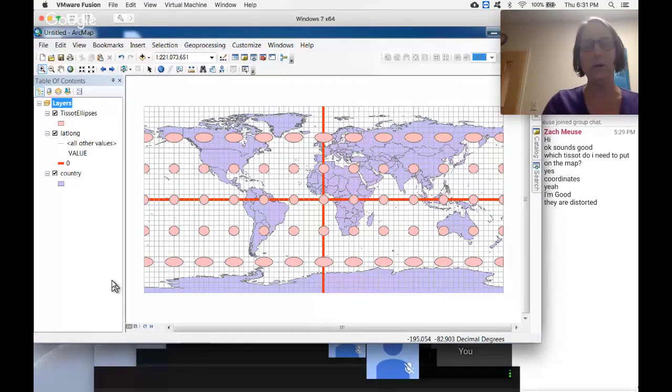So if we were to make maps that we wanted to use, for instance, navigating around Antarctica, this would be a deeply, deeply impractical way to make that map.